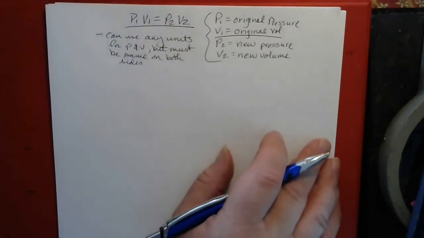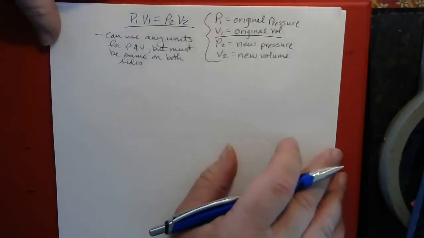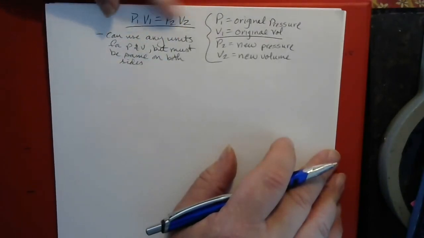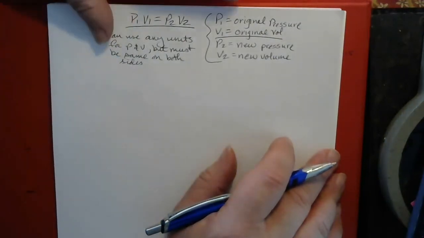Volume, you could use milliliters or liters or gallons or cubic feet, or whatever you want, as long as V1 and V2 are in the same units. Because you end up solving this equation for whichever of these quantities you don't know. And the units for whatever you're not looking for will end up canceling out, and you end up with whatever units you started out with for the quantity that you're looking for.